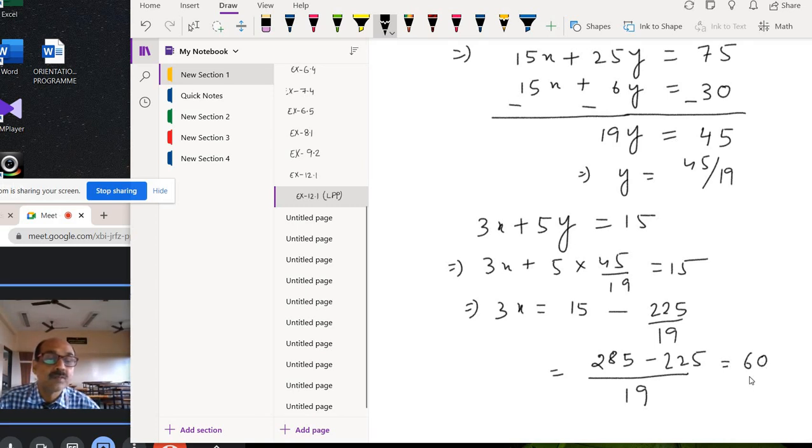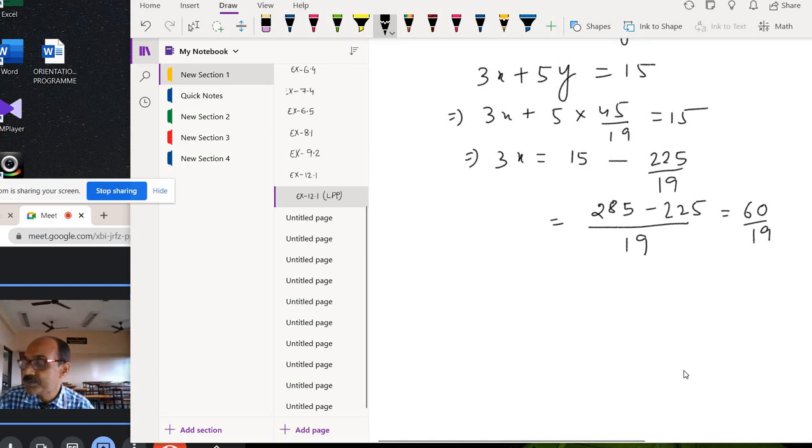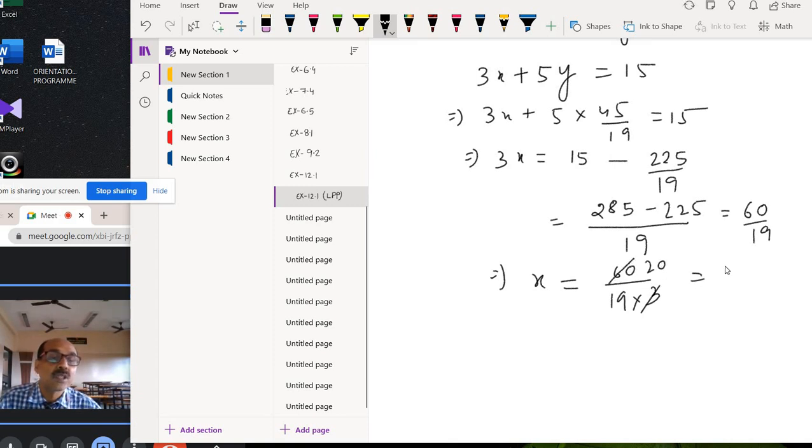Therefore x = 60/19 divided by 3, which is 20/19.